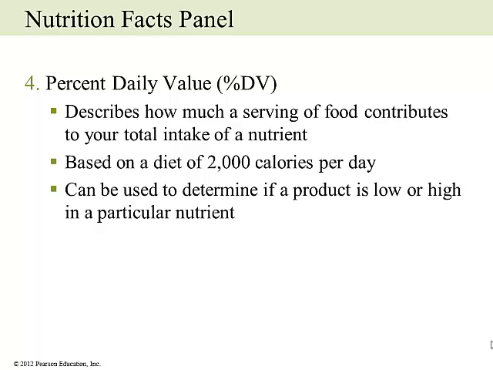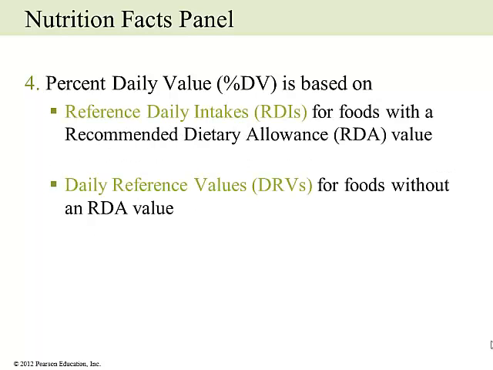So percent daily value describes how much a serving of food contributes to the intake. Again, on those packages, it's based on that 2,000 calorie diet person. So how would I figure out a percent daily value? So say I had the 2,000 calorie diet, right?